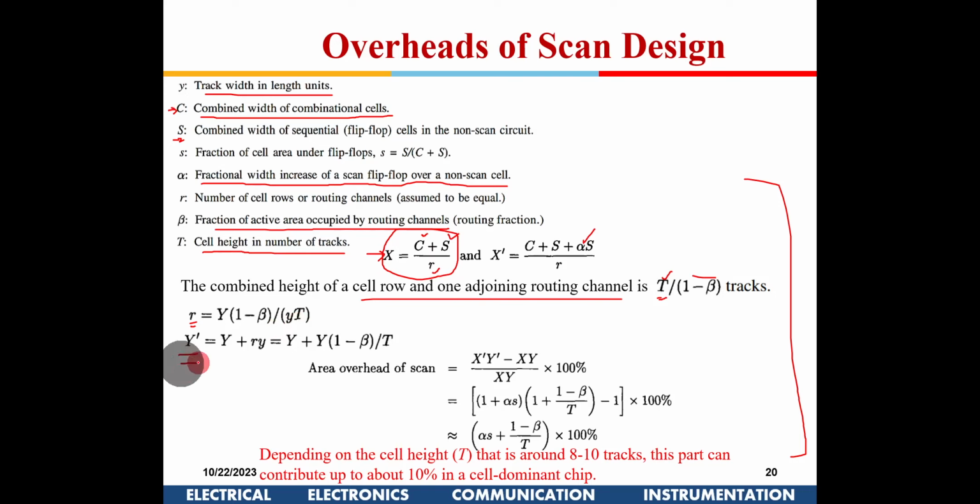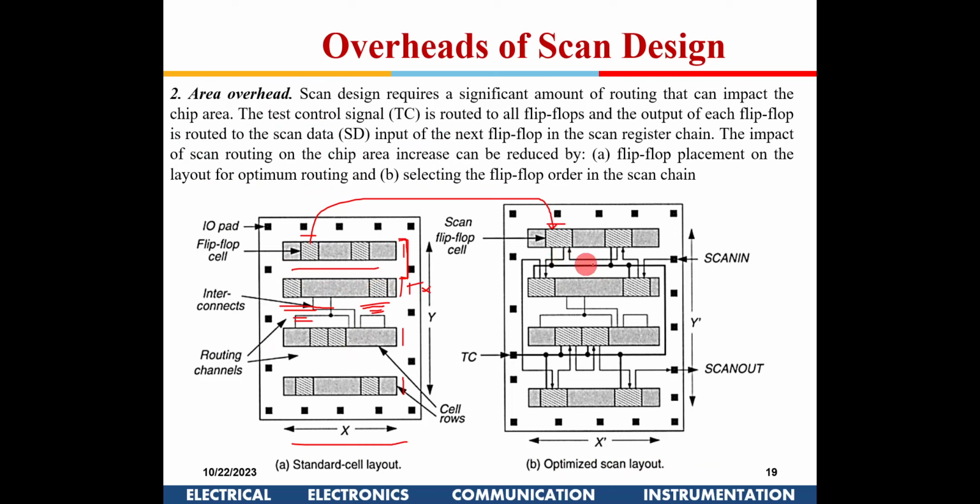And for y dash, again, there is an assumption that for each row one additional track is being inserted, in this area, to cater for the scan routing.